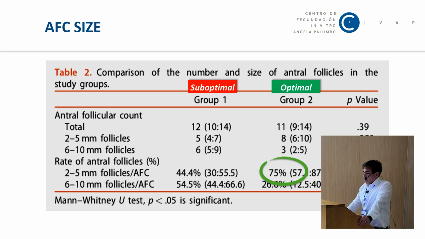And they observed that the 2 to 5 millimeter follicle rate was higher in the optimal group compared with the suboptimal group. So they conclude that follicles between 2 to 5 millimeters are the ones that could be associated with a better response. So it seems that size could matter in the antral follicle count.